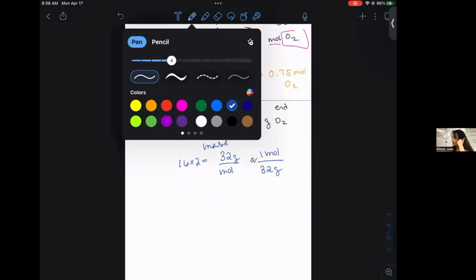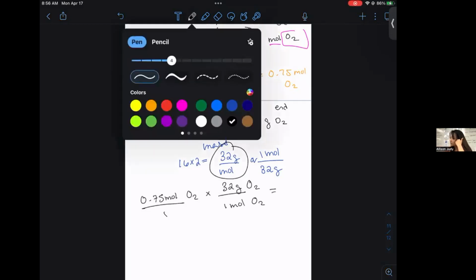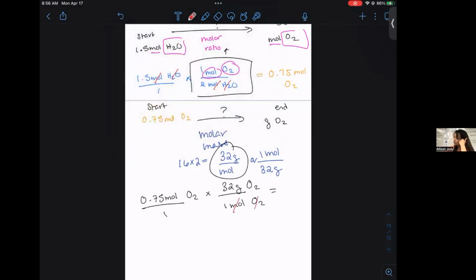So then what I write is 0.75 moles of oxygen times, I want to cancel out moles, like saying over 1, times 32 grams of oxygen for every 1 mole of oxygen. And what that gets me is my moles of oxygen cancel because 1 on top, 1 on bottom.